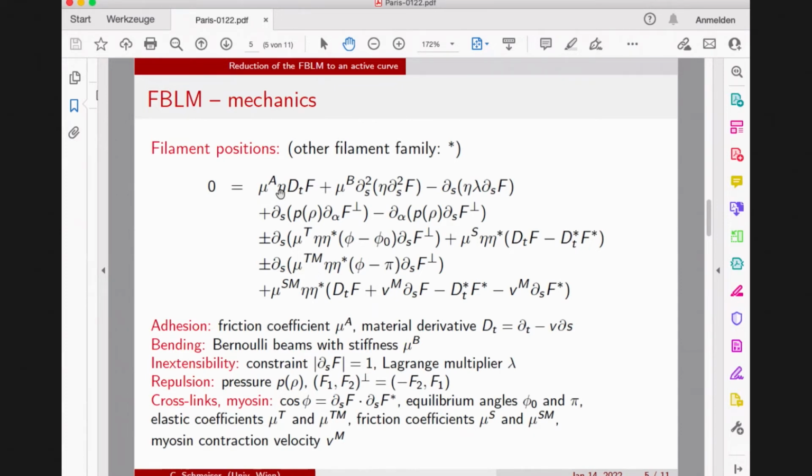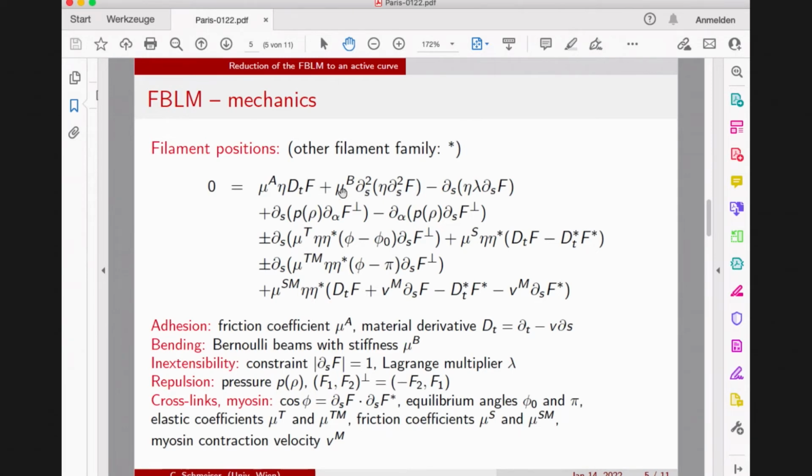The eta is influenced by nucleation, so building new filaments, by the cutting of filaments, by the polymerization, which all influences the density of filaments. So you have a filament density here. So this first term, and A for adhesion, is a friction term. It's friction above ground.